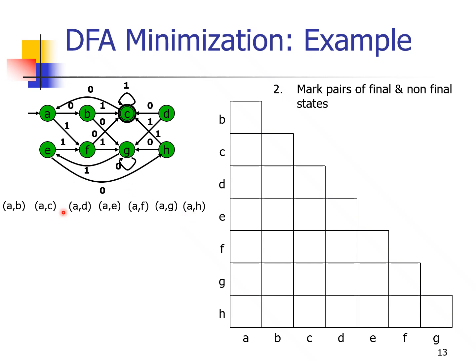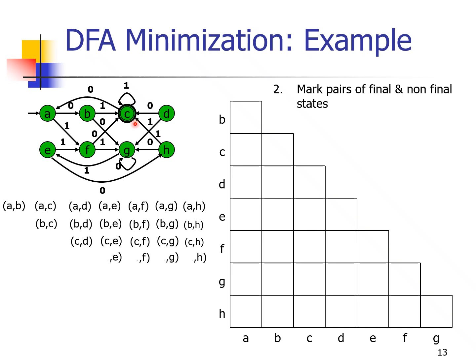Similarly, start with B: BC, BD, BE, BF, BG, BH. You should not make B with A, because AB and BA are the same, so you should not combine them again as another pair. Similarly, you write the pairs for C, then D, then E, F, G.